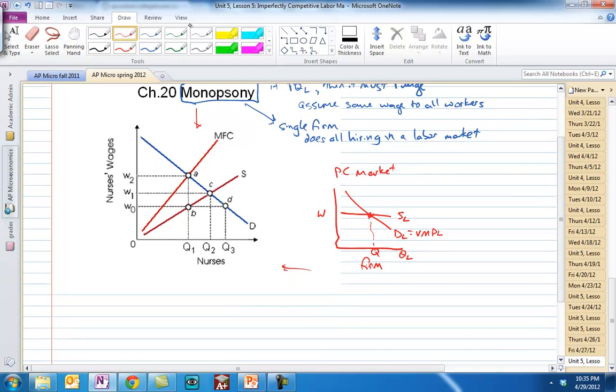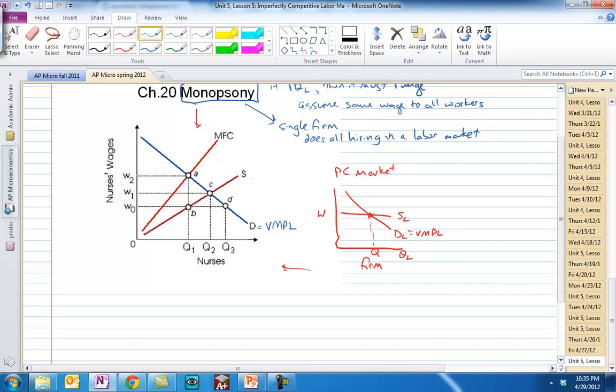You've got the demand curve, and I'll tell you that the demand curve here is the simplest part. This is still just equal to the value of the marginal product of labor. And theoretically, this could be the same as the perfectly competitive firm's VMPL. This just has to do, remember, with the productivity of labor and the price of the good. So that, let's assume, stays the same.